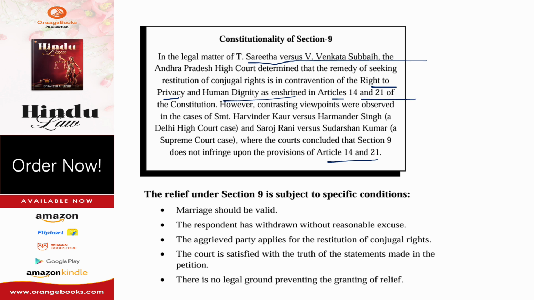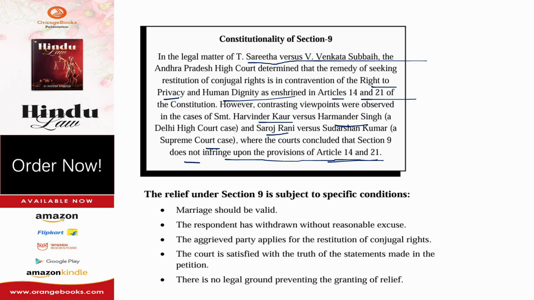However, contrasting viewpoints were seen in the case of Harvinder Kaur versus Harvinder Singh, a Delhi High Court case, and in Saroja Rani versus Sudarshan Kumar, a Supreme Court case, where the courts concluded that Section 9 does not infringe upon the provisions of Articles 14 and 21.